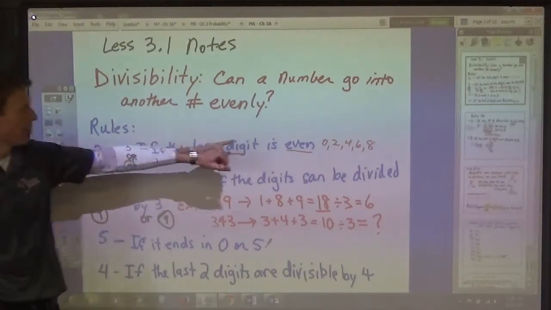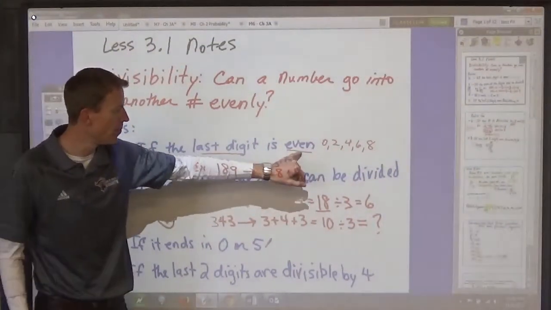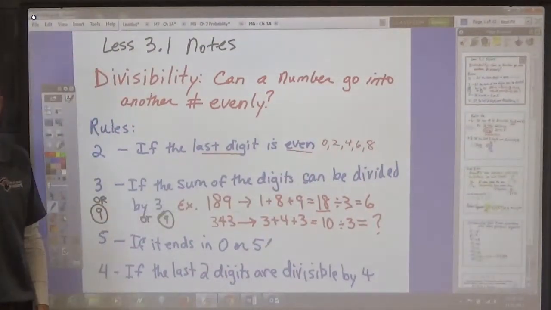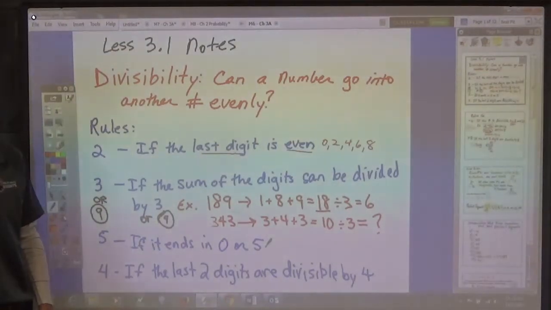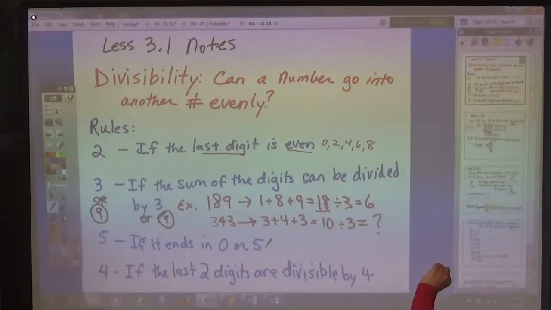If it doesn't end in an even number, if the last digit is not an even number, then it's not divisible by 2 without a remainder. Okay, so for example, 13 is not divisible by 2 because it ends in a 3. And the 3 is not an even number.